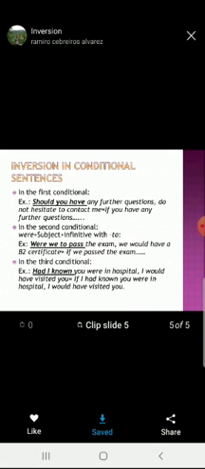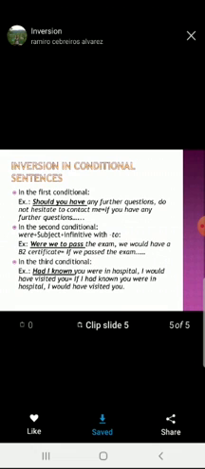Okay, kalau conditional sentence-nya kan if you have any further questions, do not hesitate to contact me. Nah, ini bisa we can change it with the inversion structure. Jadi if-nya diganti jadi should you have. Okay? Should you have, bukan you should have ya, tapi should you have any further question, do not hesitate to contact me.